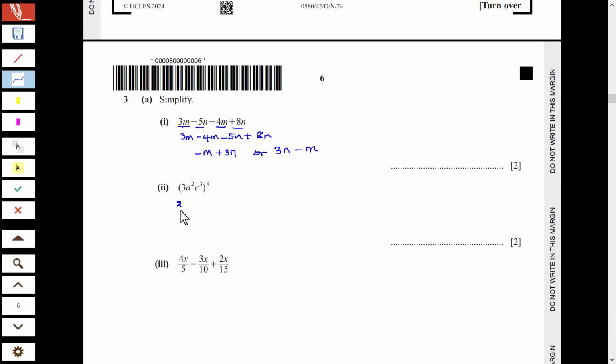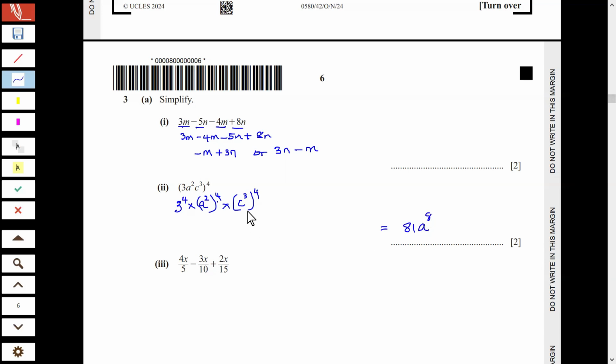So let's say 3 to the power of 4 times a squared to the power of 4 times c to the power of 3 to the power of 4. Now, 3 to the power of 4, 3 times 3 times 3 times 3, is equal to 81. Then a squared to the power of 4, that's 4 times 2, 8. So it's going to be a to the power of 8.